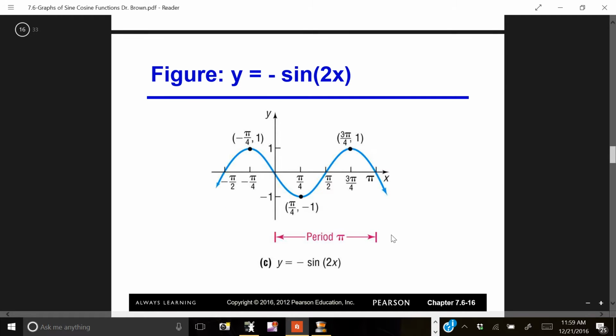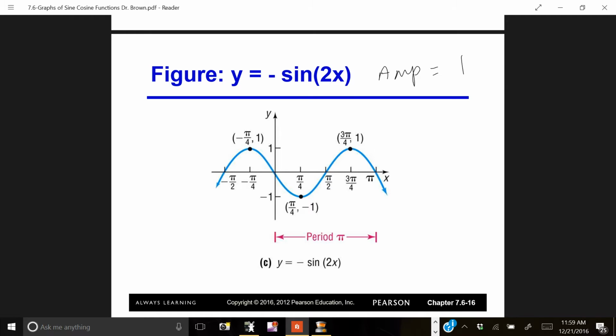Now let's try to do another one. We want minus sine of 2x. Well, the amplitude is equal to 1. And omega is equal to 2.